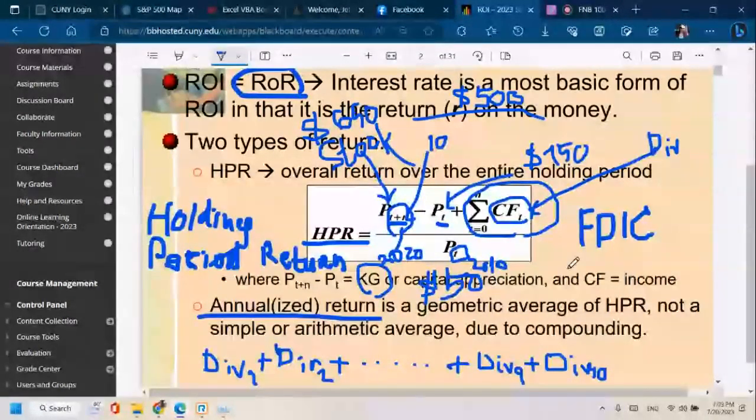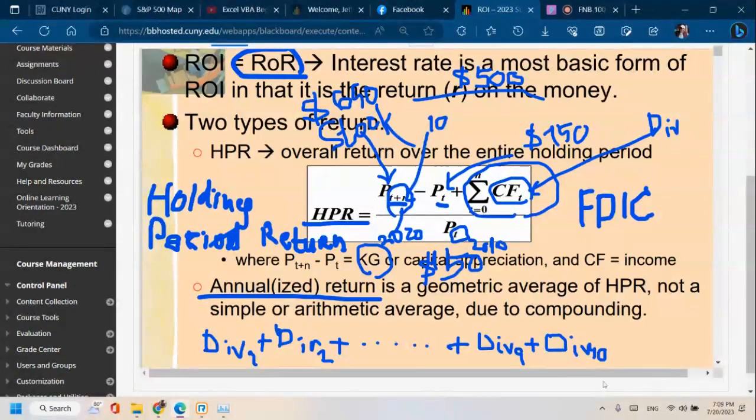And now we need to know how to annualize the holding period return, because holding periods can be different for each investor, right? So next is how to annualize the holding period return.